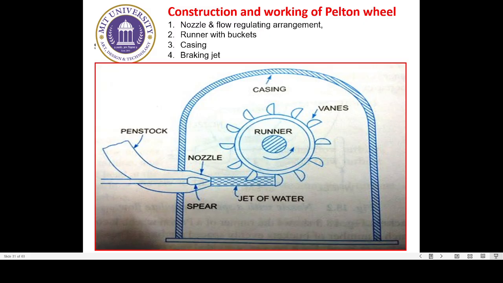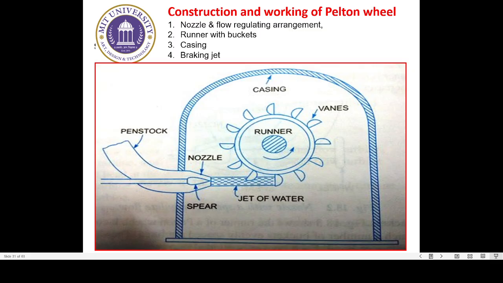So due to this inertia, the runner continues to revolve about its axis for a sufficient duration of time. So it is essential that the runner should be stopped in the shortest possible time. A small nozzle can be provided somewhere on the top of the casing in such a way that it directs the jet of water on the opposite side of the vanes. So it will create resistance against the direction of rotation of the vanes or blades.